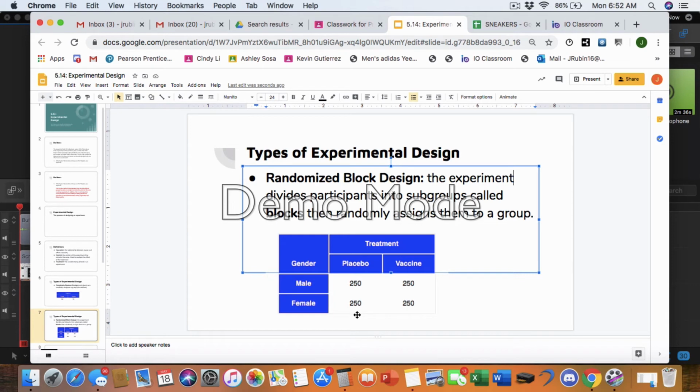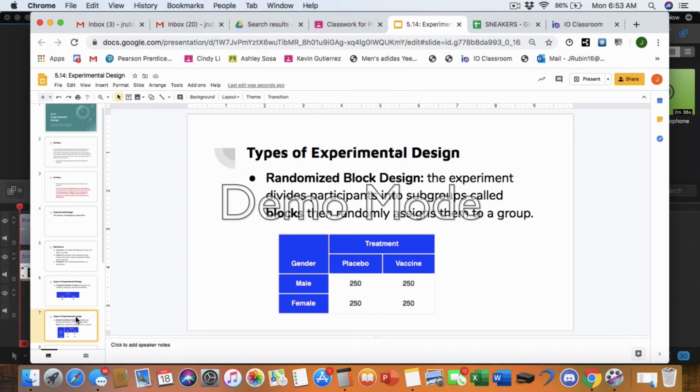Females, the same thing occurs. At every point, it's random. So once you break them into groups, male and female, who gets the placebo, who gets the vaccine is randomized for each one. So you don't know. This is a really helpful experimental design because not only will it show you the cause and effect, but it'll show you whether or not it differs amongst different populations.